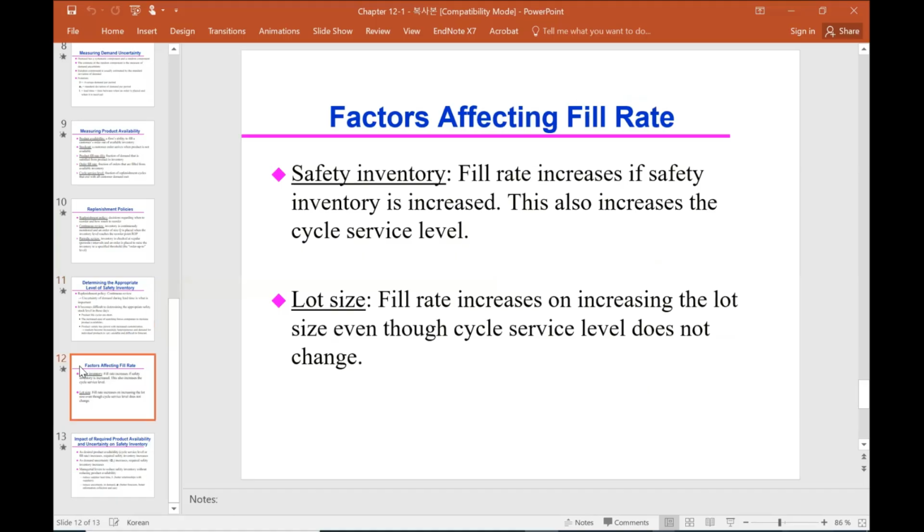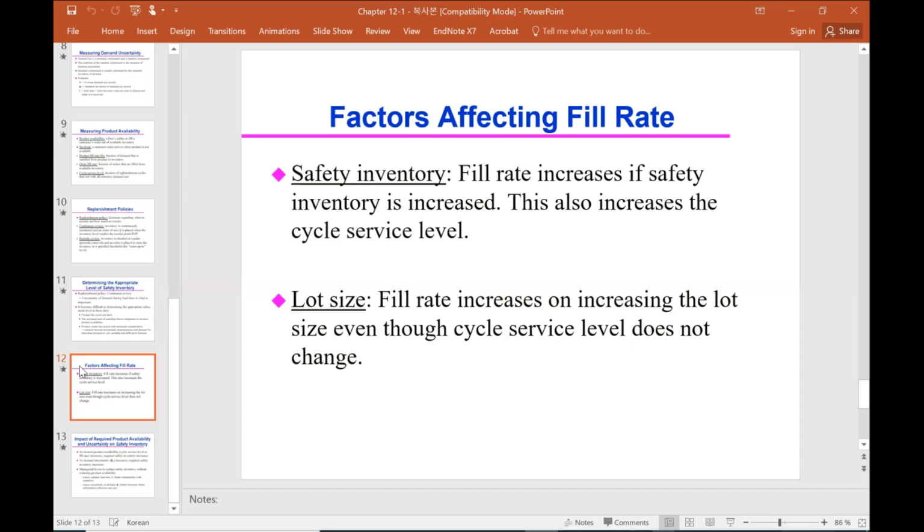I mean, we have some ideas here. Here we are talking about the impact on the fill rate and the cycle service level. I already talked about cycle service level and fill rate, the indicators of product availability.